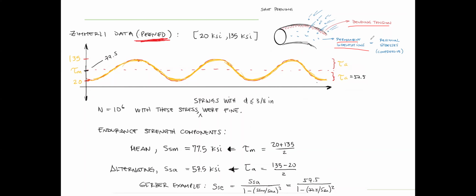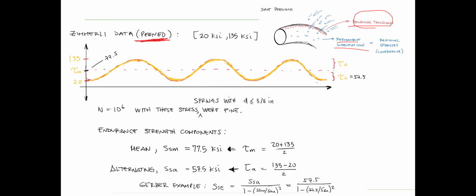Okay, so for the spring with the pinning, there are two types of residual stress on its surface. First is the bending tension, right? When we just wound this spring wire, there's a tension on the surface, outer fiber.